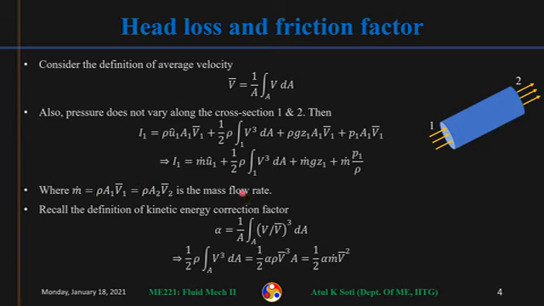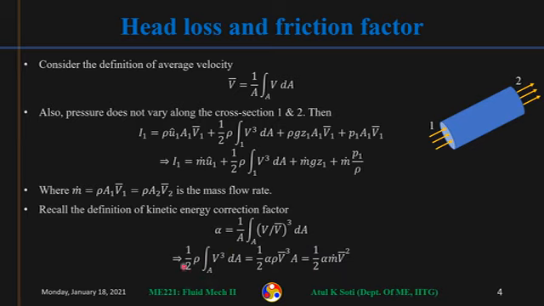Next, we recall the definition of the kinetic energy correction factor. The kinetic energy correction factor alpha was given by 1 upon A times the integral of (V over V average) cubed dA. If we calculate the kinetic energy crossing the cross section, that is equal to the integral of half rho V cubed dA.